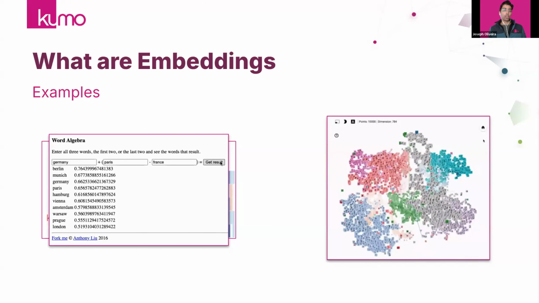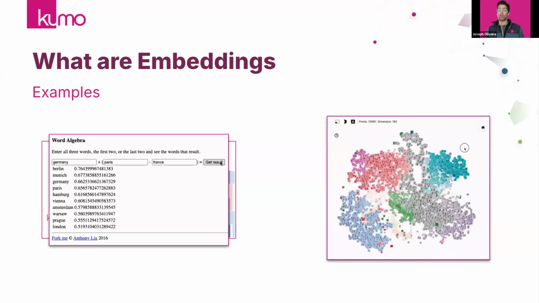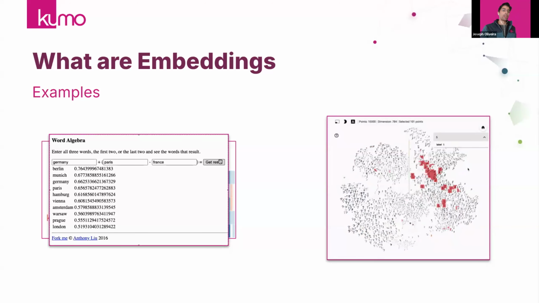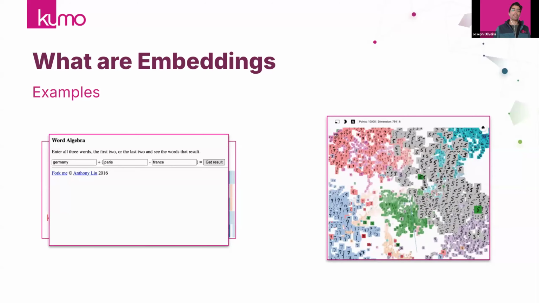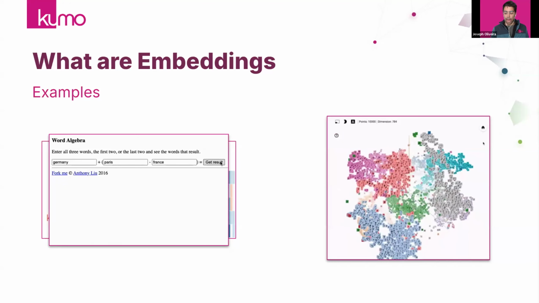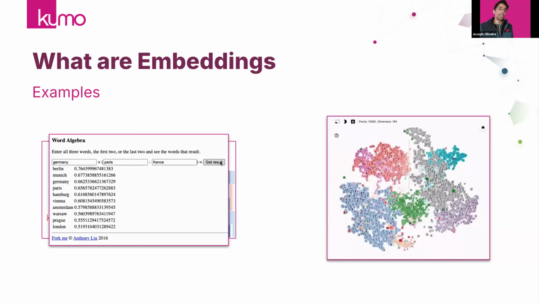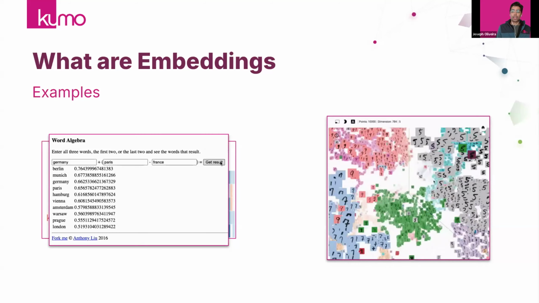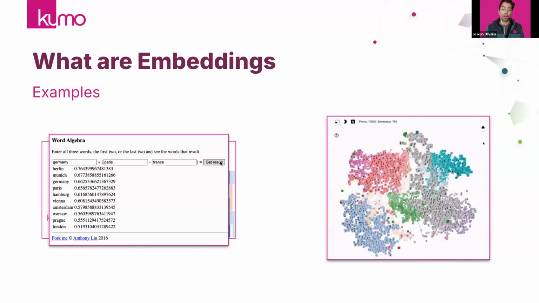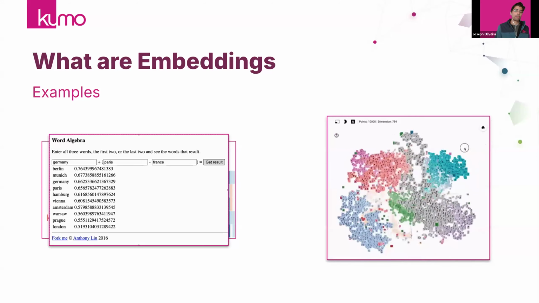In this case, the colors represent the actual numeric value. What this illustrates, again, is how embeddings capture some of these higher level concepts, not explicitly encoded. When you write a letter, you're not telling a machine exactly what to look for. Embeddings capture those higher level concepts.